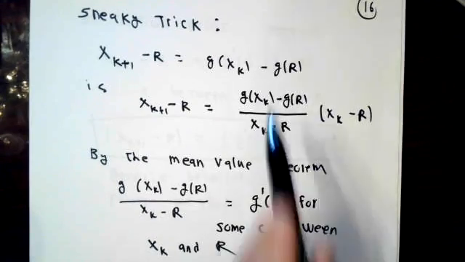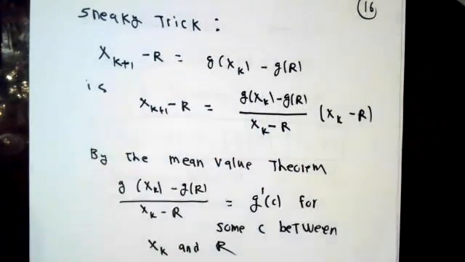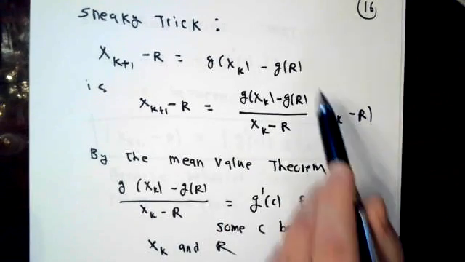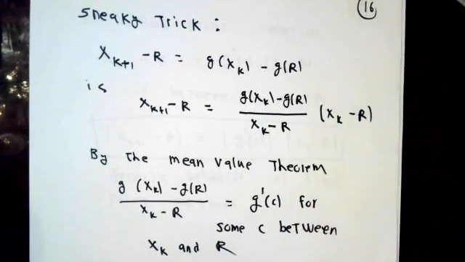So we think to ourselves, it's too bad that g of x_k minus g of R is not divided by x_k minus R. So our sneaky trick is to divide it by x_k minus R and also multiply it by x_k minus R, and you get the same result as before.